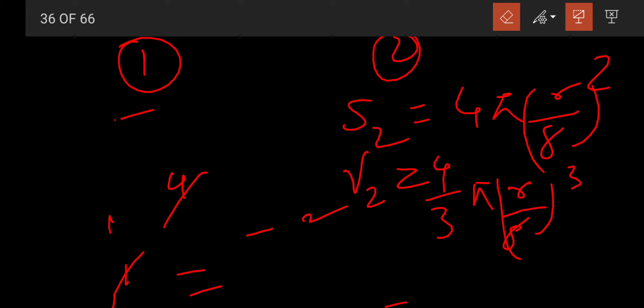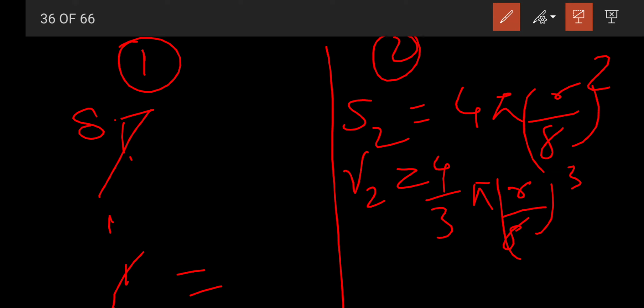So yes, for system 1, S1 by V1 that we found is 3 by r. Also, it matches the data given.